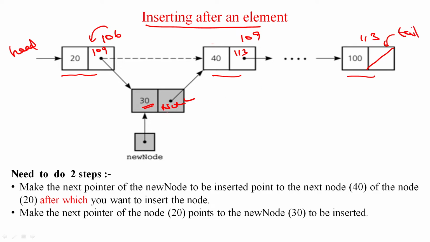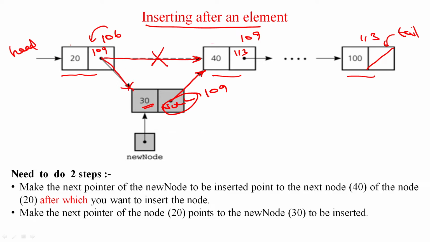Now when I want to make this link, the new node's next field should point to the second node of the list. The null has to be written as 109. So two links now go to 109, the old one and the new one. Now we have to break this and establish this node.